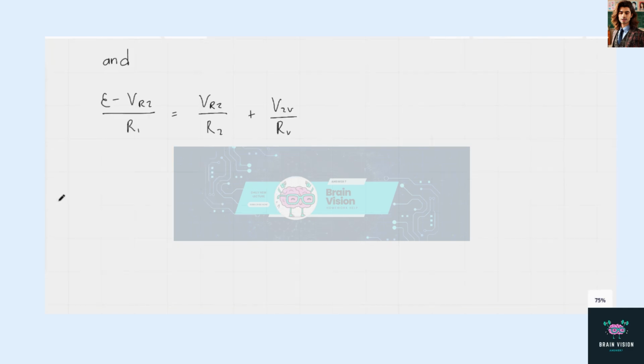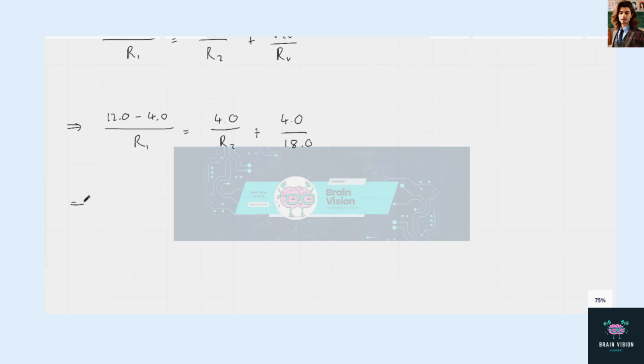And if we put our values into this, we get 12 volts minus 4 volts divided by R1 must equal 4 over R2 plus 4 over 18.